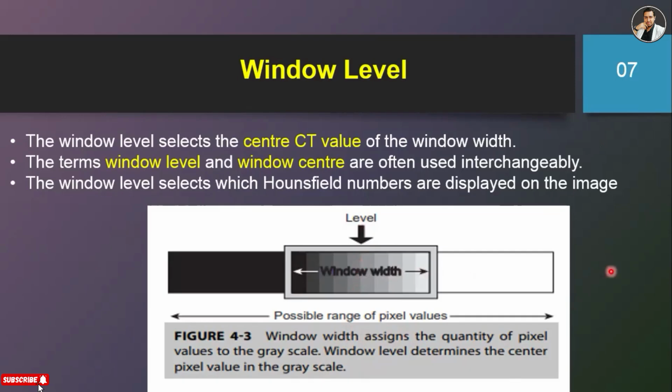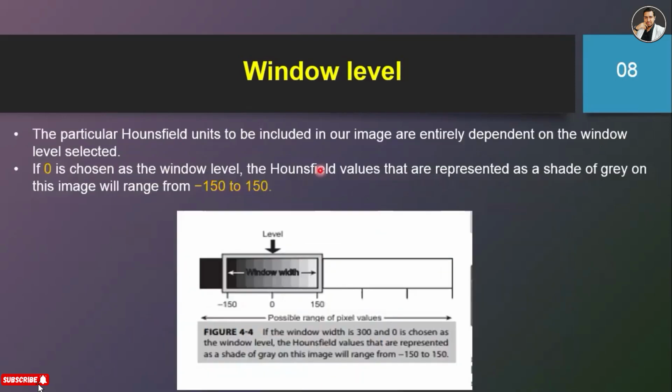The particular Hounsfield units to be included in our image are entirely dependent on the window level selected.